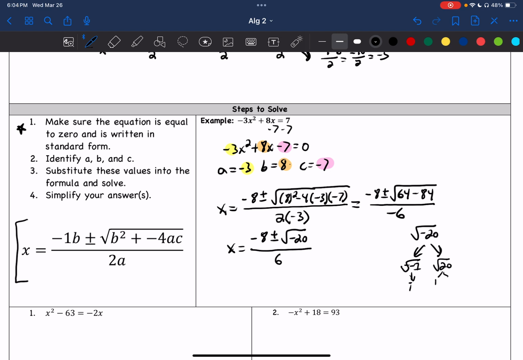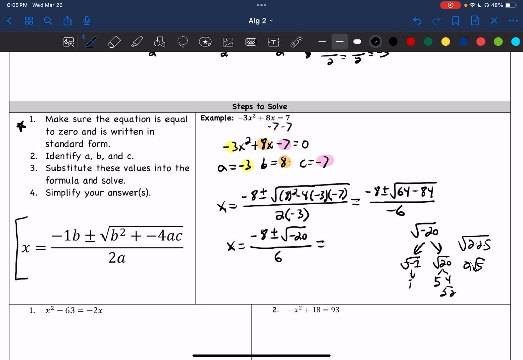Here we can go 5 and 4, and 2 and 2. Square root of 2 times 2 times 5 means that this is equal to 2 root 5, 2i root 5. So this would become negative 8 plus or minus 2i root 5 over negative 6.